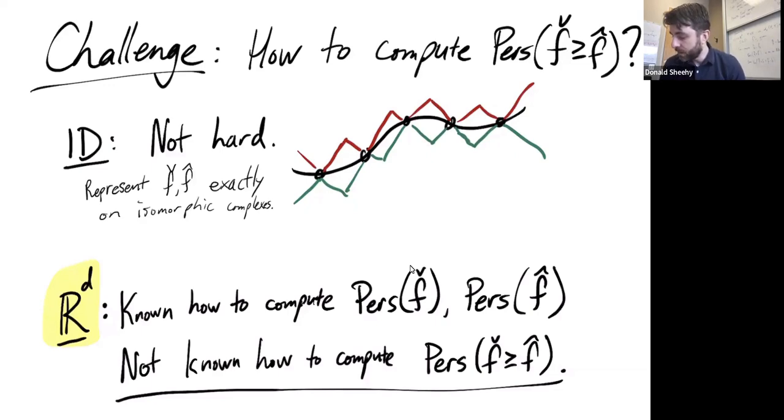Now, for the minimum extension, it's a little bit harder, because these sublevels are built up from complements of balls. But you can, using Alexander duality, compute the barcode there.